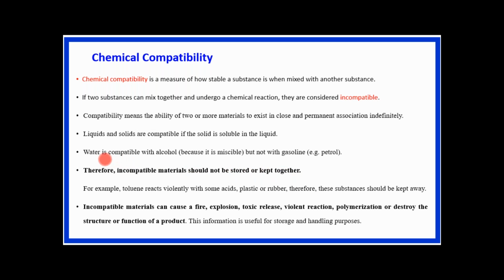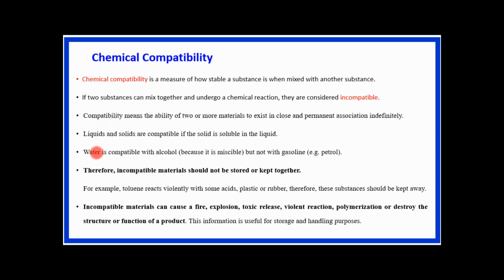So this is a simple example: liquids and solids are compatible if the solid is soluble in the liquid. So here, the compatibility depends on the property of solubility. If this solid is soluble in the liquid, then this solid is compatible with the liquid.